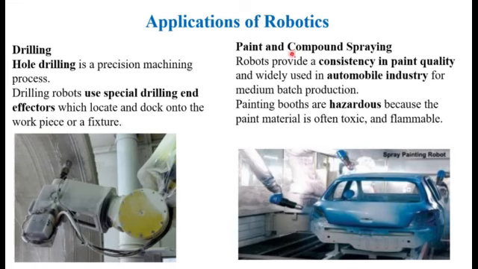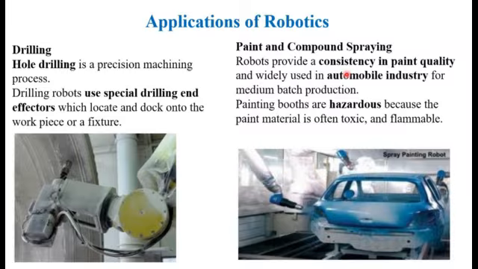Then in paint and compound spraying, again robots are used. Robots provide consistency in paint quality and are widely used in the automobile industry for medium batch production. So these robots are used because they give consistency and good quality painting.